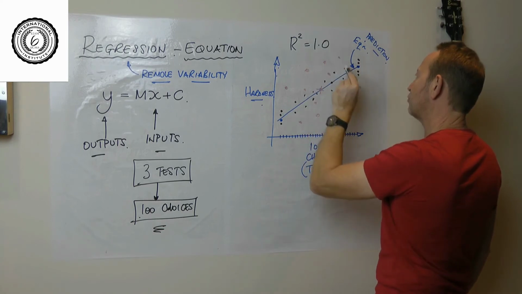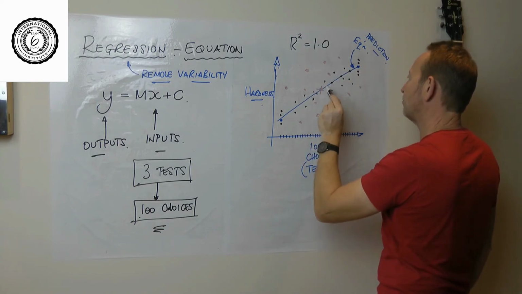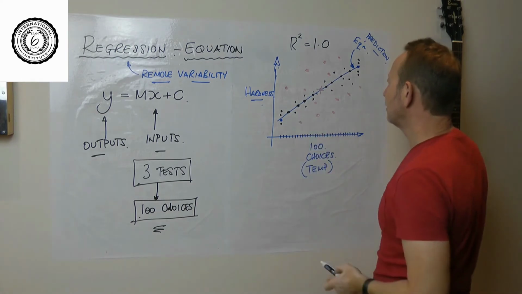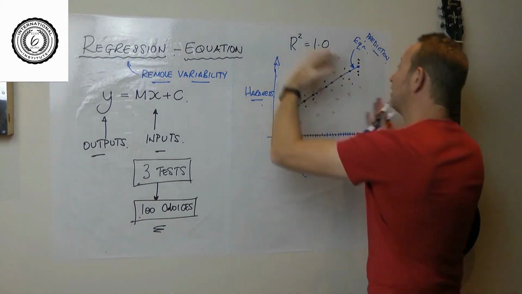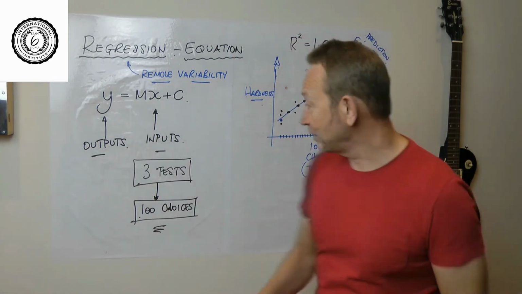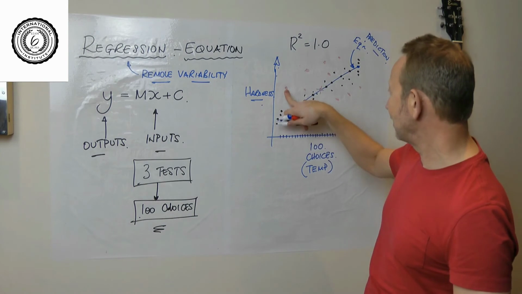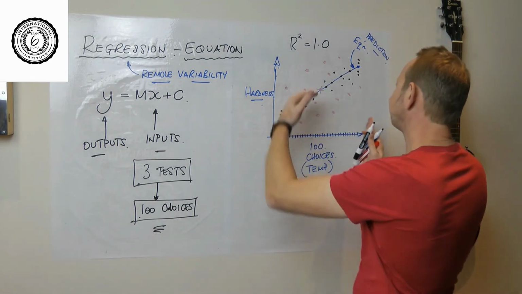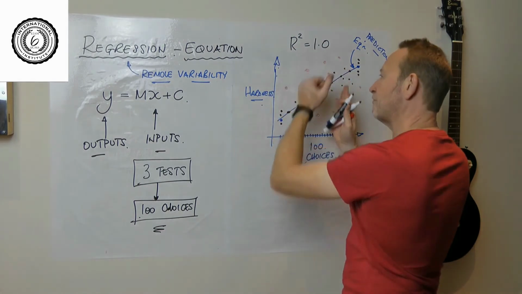If you have no scatter, all your data points land on the line. So before you start, you could leave the scatter in, but this equation wouldn't be any good to you, because you'd be predicting that you're going to land here, and the scatter would mean you're miles away. So you want to get rid of the variability.